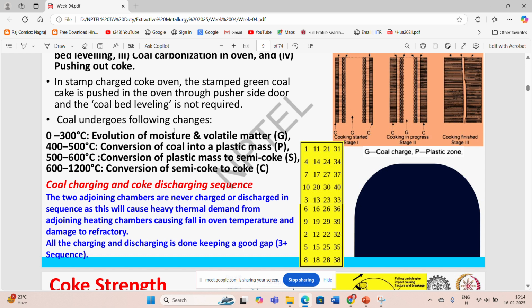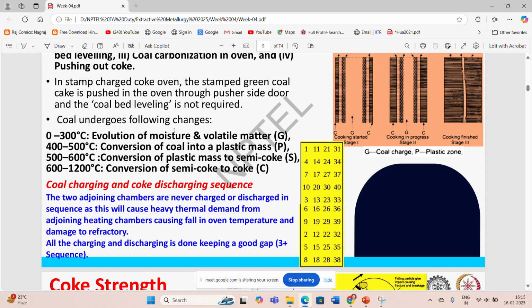Then conversion of plastic mass to semi-coke, and then at last from 600 to 1200 degrees Celsius, the semi-coke will get converted into the coke material, which will have very high strength, so that it can be used as a feed material during blast furnace operations.